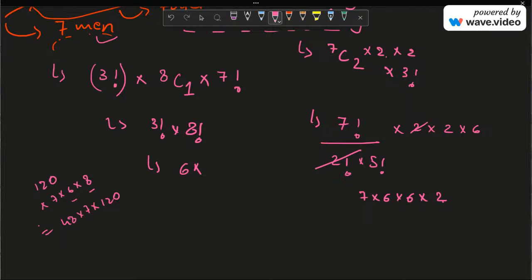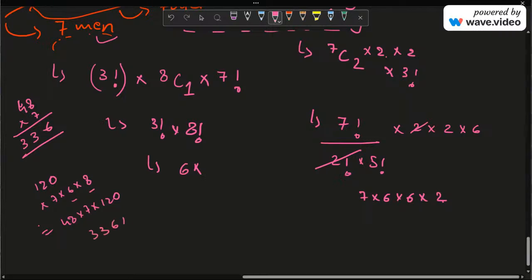So 8 sixes are 48, and 48 into 7 into 120. 48 into 7 is 336.